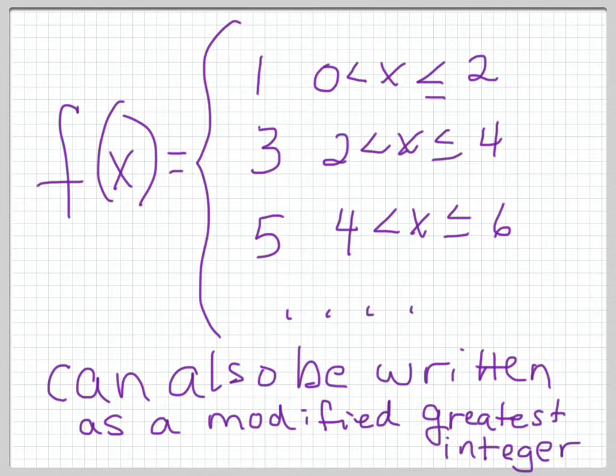But that, of course, would be very difficult to do. So usually when you have a step function, instead of writing it out with the pieces, you would write it as a modified greatest integer function. Again, you will not be asked to do this, as this is part of a college algebra curriculum.